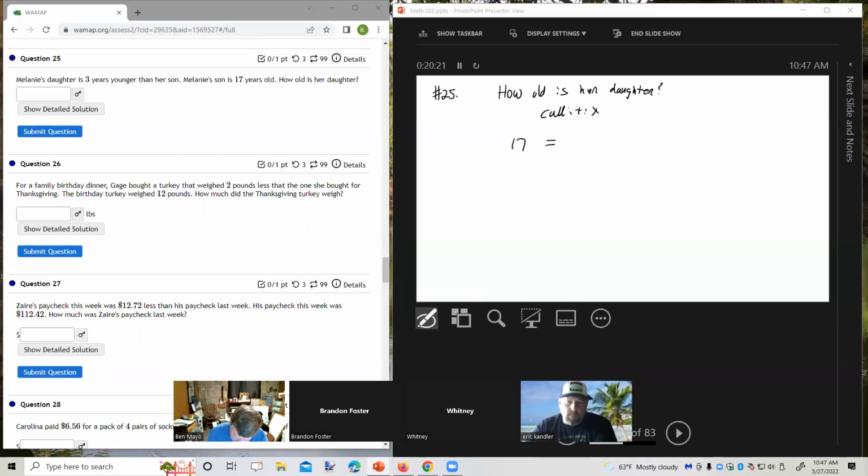So this is the son, and that's the son. I don't know if that makes sense, because the question asks about the daughter, but the son is 17 years old, the daughter is X, but the daughter's 3 years younger. So to make her equal, you'd have to add 3 years to it.